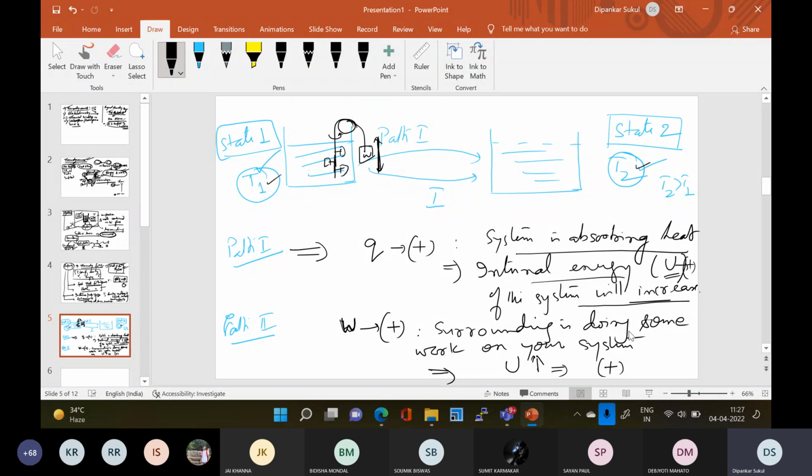So you can see in path 1, you are not doing any mechanical work, that is W equal to 0. In path 2, you are not giving any heat.